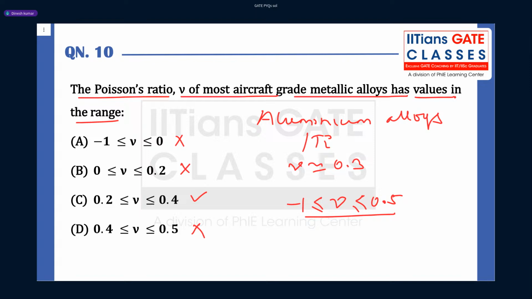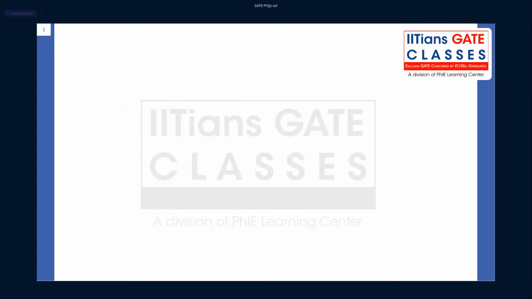These values are decided by G and K. You know what G is, right? G equals E upon 1 minus 2 nu, if I remember correctly.